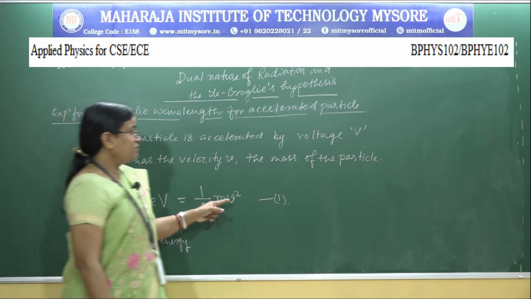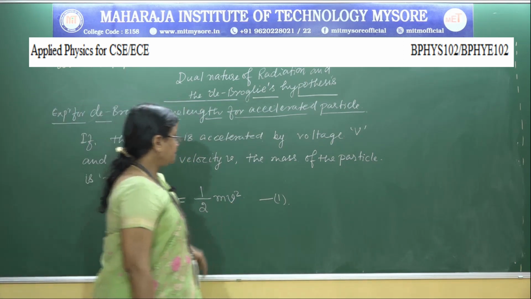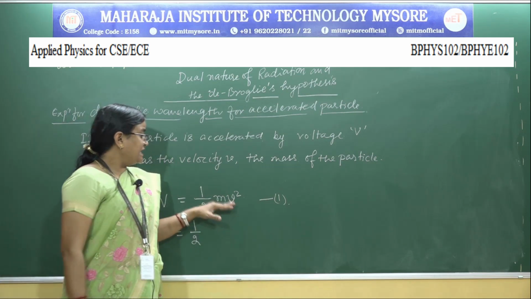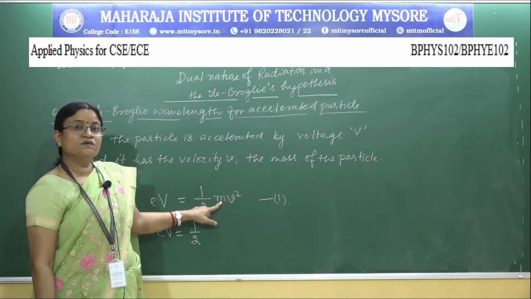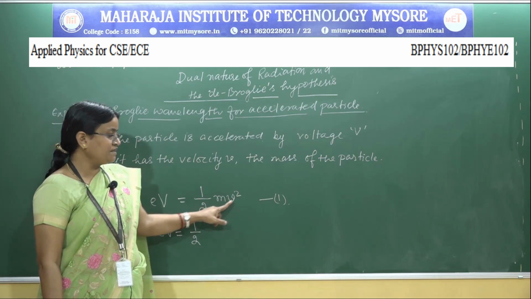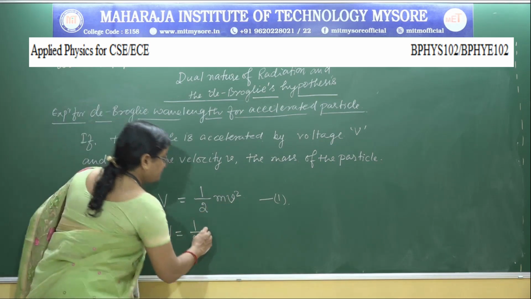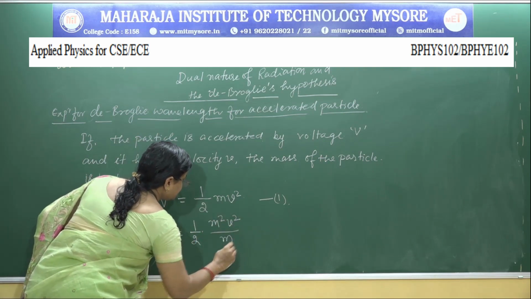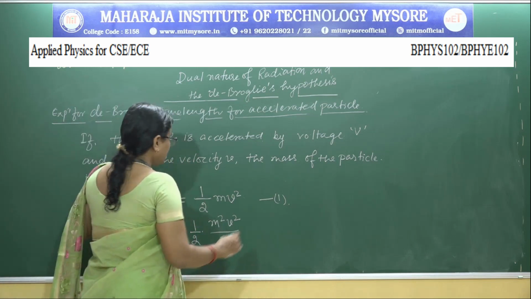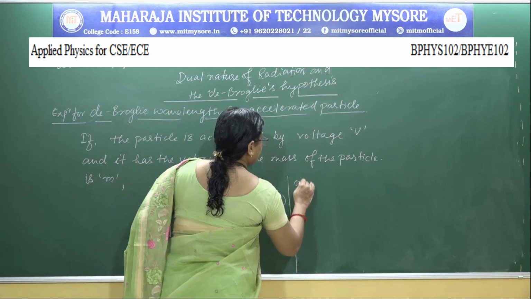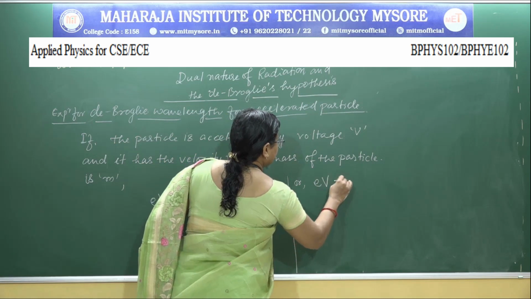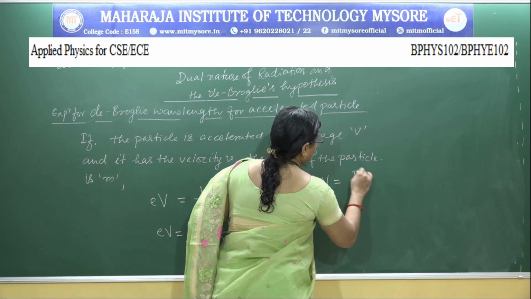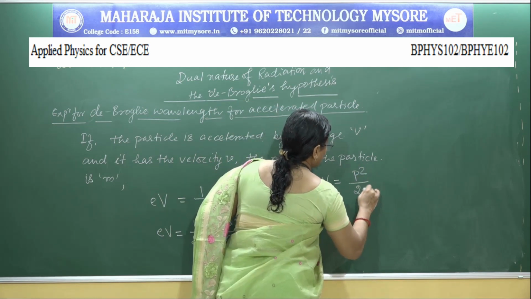Now, we will further solve this equation. Multiply and divide by m, so we get half m square v square divided by m. So, we can write eV is equal to p square by 2m.